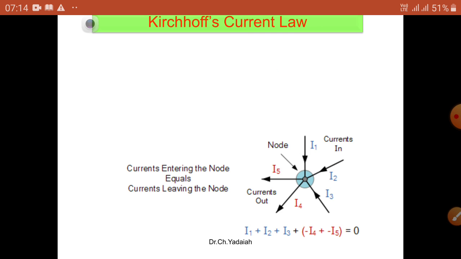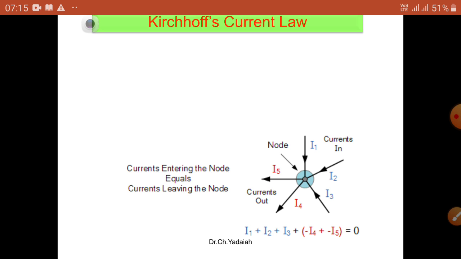So these two laws are used to calculate unknown values, the currents, voltages, and resistances in complex circuits, somewhat better than Ohm's law. This is a very easy law and everyone easily enjoys using these laws. Now let us see the first law, KCL, Kirchhoff's current law.